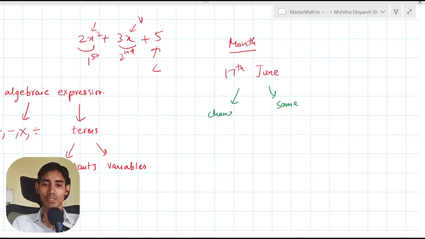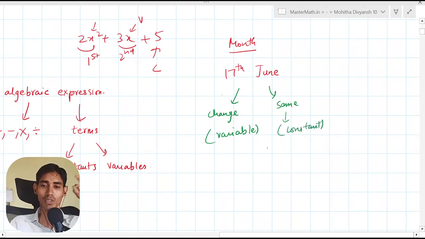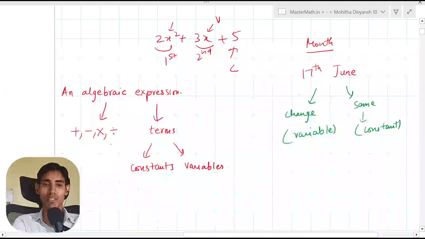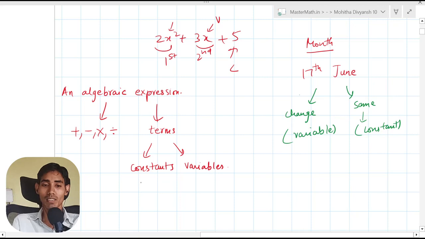This is going to change. So this which varies is variable and which remains same is constant. It's just the literal meaning of what these words are in English. Now we use it a bit differently in mathematics. I mean, constants are the numbers 1, 2, 3, 10, 100, and variables are the letters x, y, z, all these. Okay.